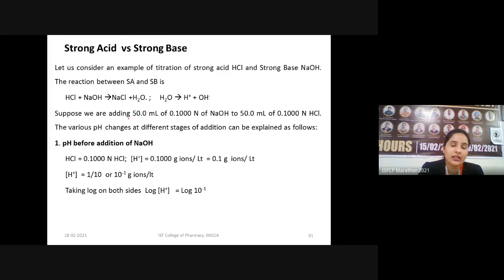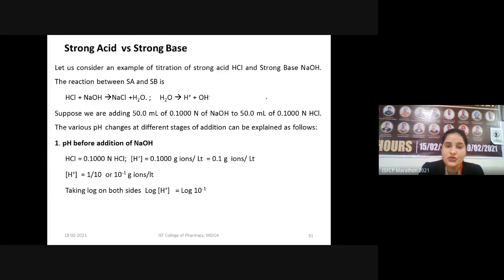Suppose we are dealing with 50 ml of 0.1 normal sodium hydroxide solution, and we have 50 ml of 0.1 normal HCl solution.